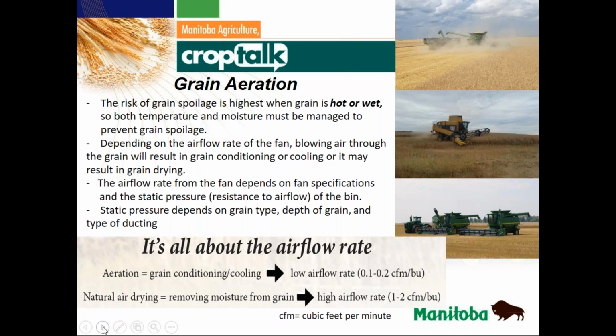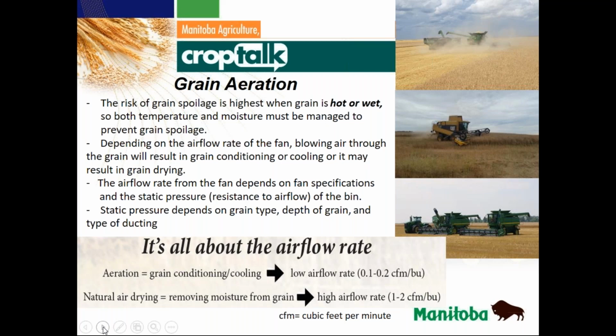Your fan is blowing the air into the bin, and then you have resistance in the bin from all the grain that you've put in there. If you can get that air blowing up through the grain, then that's your ability to either cool or dry the grain. The resistance to that airflow is basically the grain. So it's all about the airflow rate in aeration.